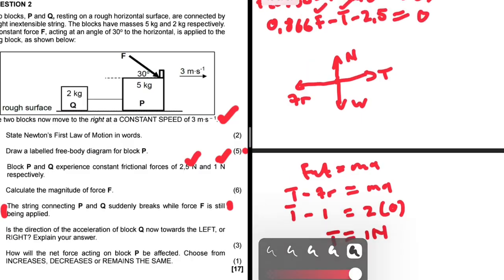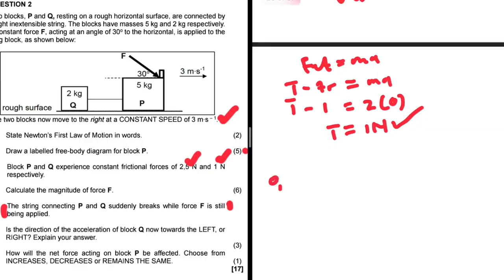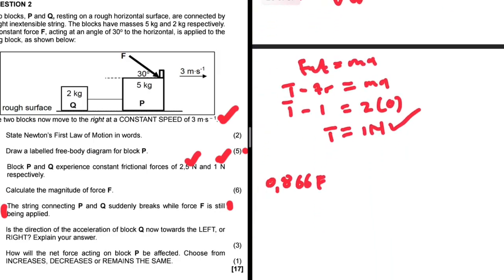So now that we have the tension, we can calculate the force. We're going to have 0.866 F minus 1 minus 2.5 equals 0.